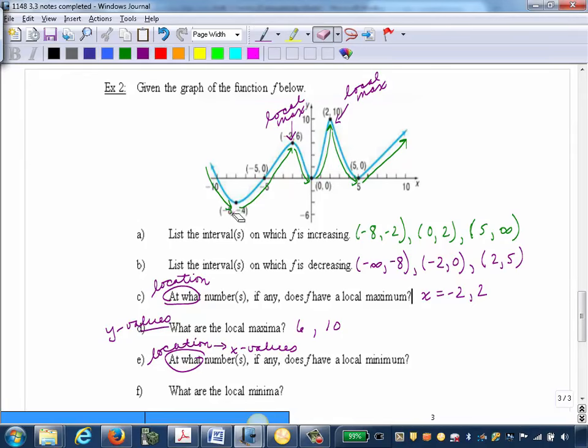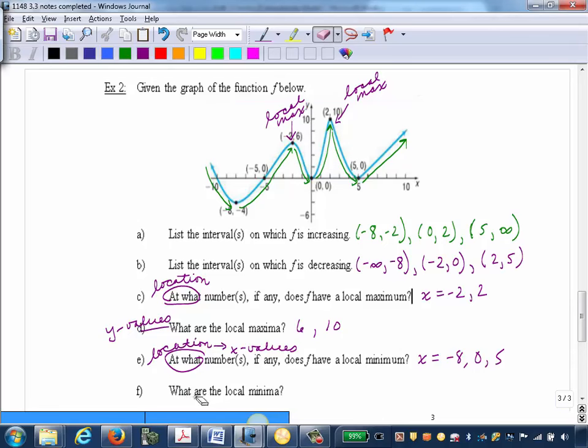So at my first dip in the graph, the x value is negative 8. At the second dip in the graph, the x value is 0. And at the third dip in the graph, the x value is 5. So our answers here will be x equal to negative 8, x equal to 0, and x equal to 5.